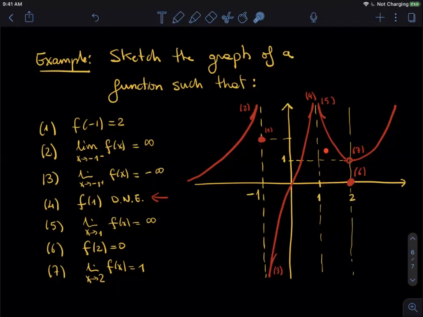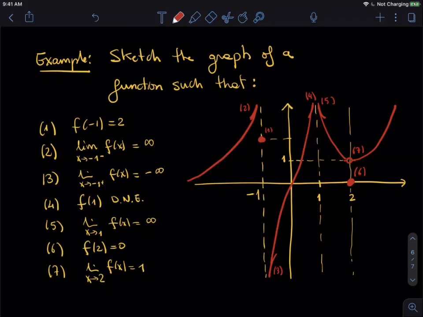Notice that here we didn't place any dot on the whole line. And then the other thing is that at x equals 2, there is a gap there, and the point f of 2 is displaced.